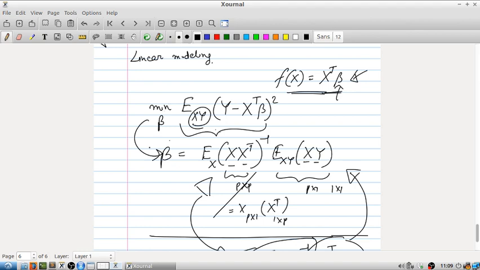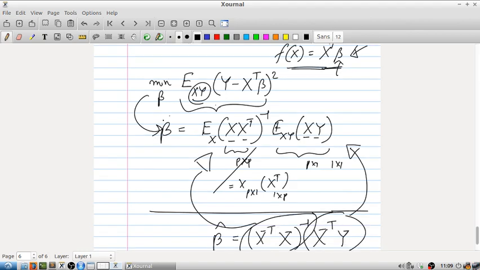Now, without proving anything on the board, I said if you minimize over beta this expression, the best beta, which for every beta you basically get a number, right? So you want to get the beta which gives you the lowest number for this expression. This evaluates to a number for every beta. So the best beta is actually the expectation over x of x x transpose.